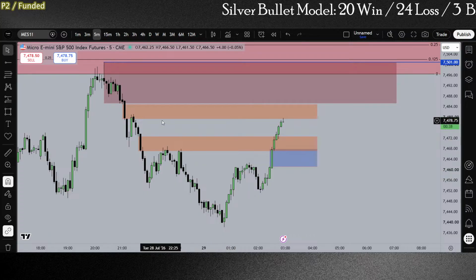All right, so the idea is that the Asian session here formed the sell side of the curve of a potential market maker buy model, after we made a little bit of stopping from going lower. We already made a low in here. Smart money reversal. We already had an accumulation.